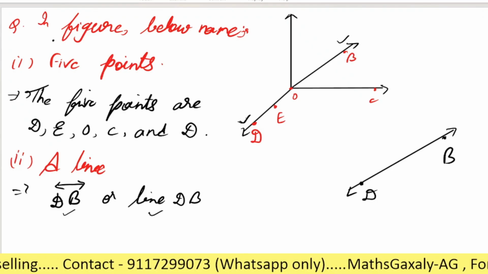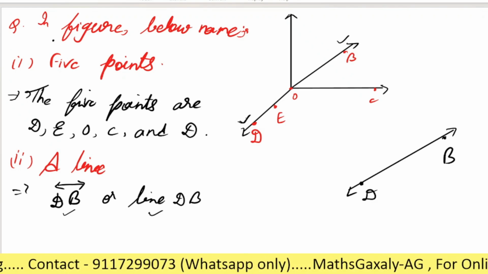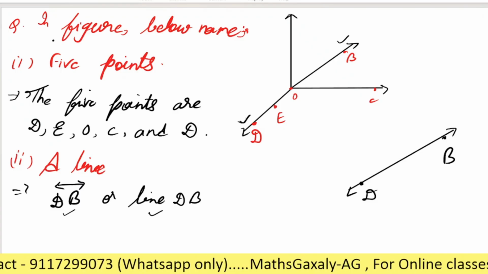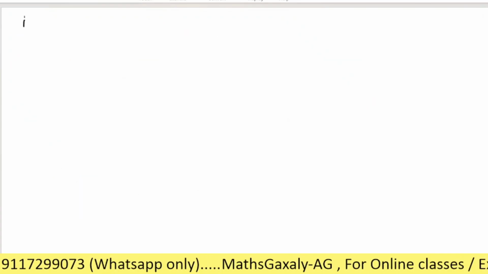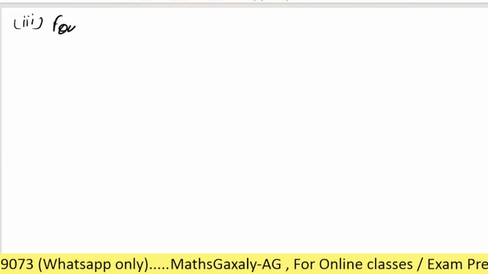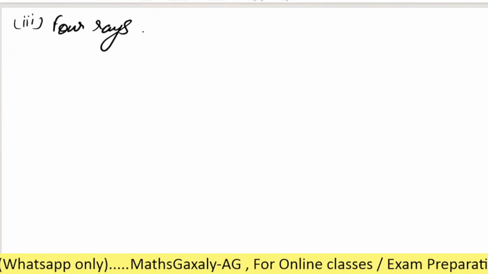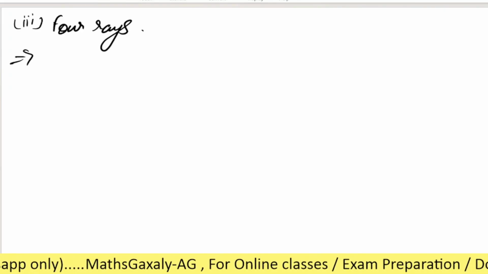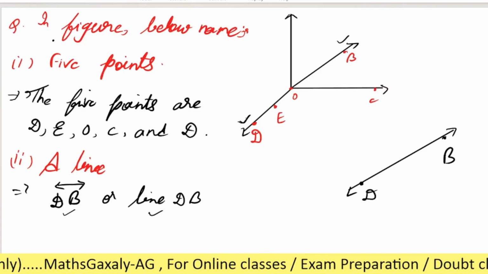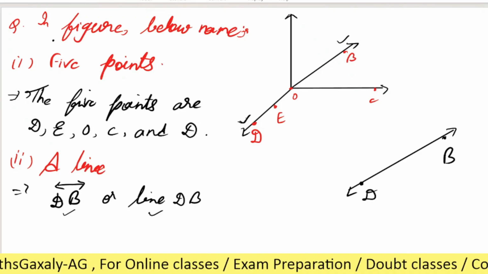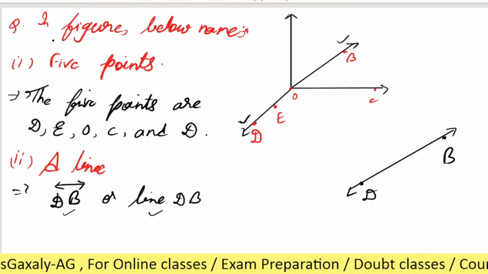Next it says four rays. We have to give the names of four rays. So first tell me the definition of a ray.